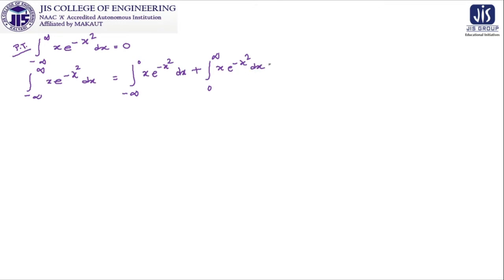Now, according to the last problem, the process we have adopted: limit p1 tends to minus infinity, integration p1 to 0 of x e to the power minus x square dx, plus limit p2 tends to infinity, integration 0 to p2 of x e to the power minus x square dx.